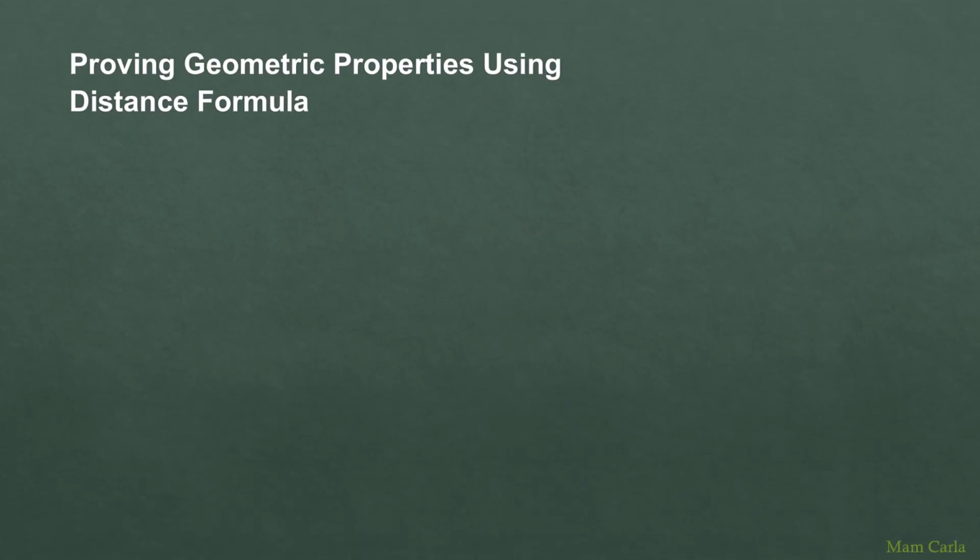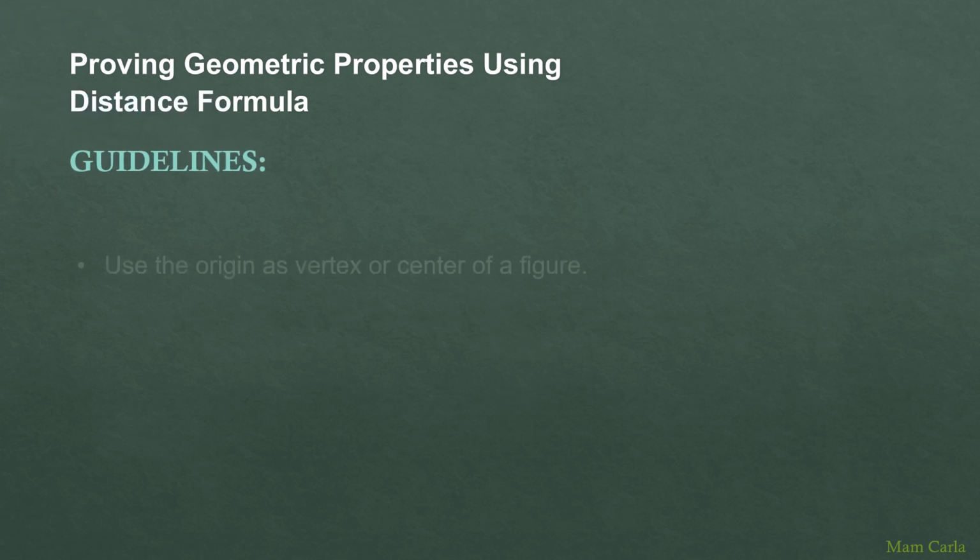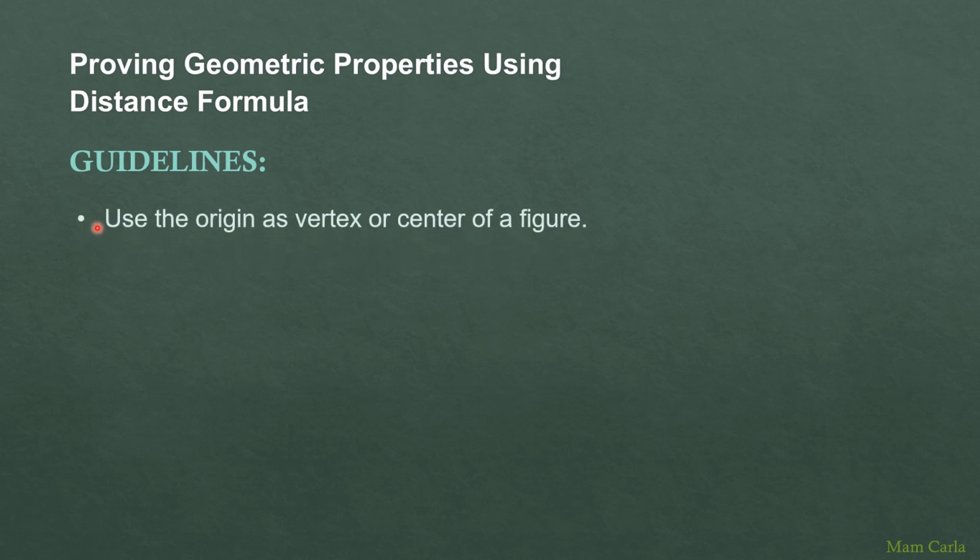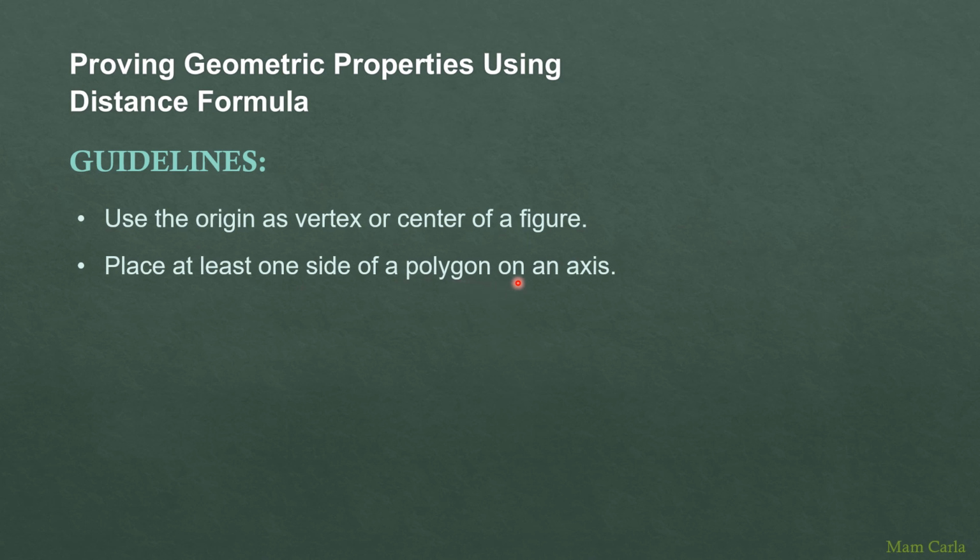In proving some geometric properties using methods of coordinate geometry, we need to consider the following guidelines. The first guideline is we must use the origin as vertex or center of a figure. The next one is we need to place at least one side of a polygon on an axis.